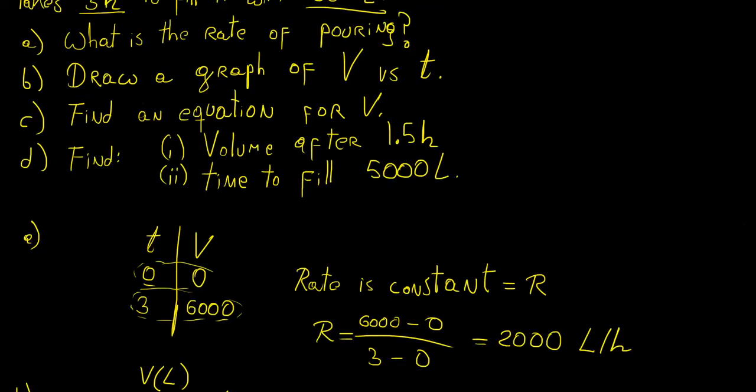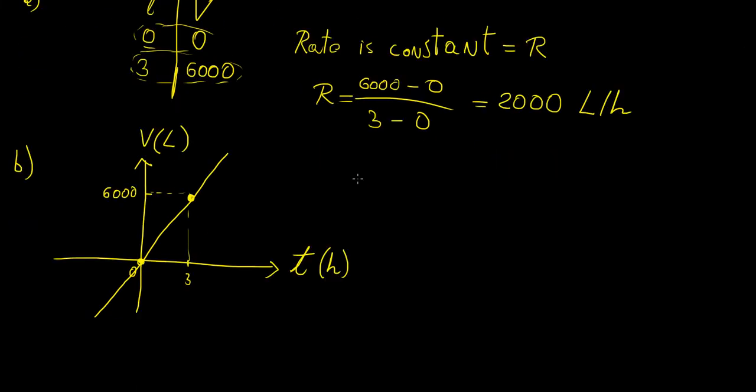Now question C is finding the equation for V. Let's see what we can infer from this. We already know what the gradient is. So if we were to write V in terms of t, we can write V equals rt plus some initial volume, let's call it little v.